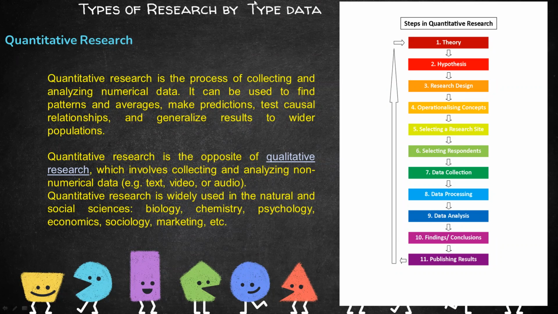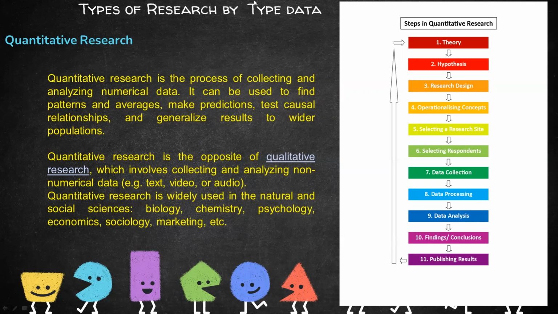We can also use survey and experimental research here, which also come under quantitative research. And most of the research we are doing in library science is quantitative research. Okay. Sometimes we take secondary analysis also, and primary data also in quantitative research.